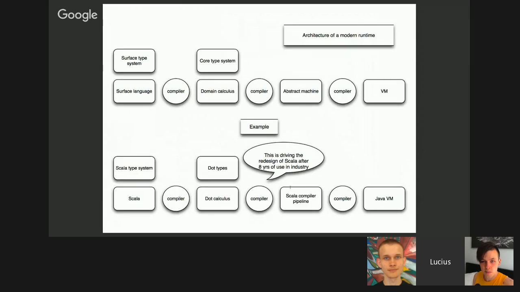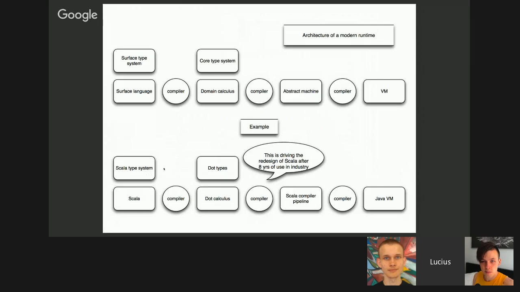One that's a little easier to see now is that after 8 years of use of Scala in the industry, they are redesigning the Scala compiler pipeline exactly along these lines. There's a new calculus that has been under development for a few years called the dot calculus, and this has been helpful in improving the soundness of the Scala type system.